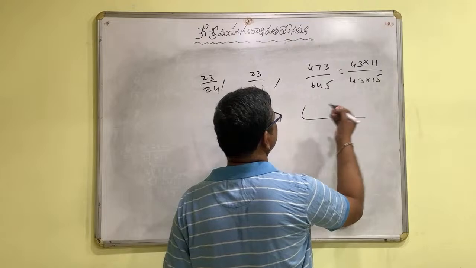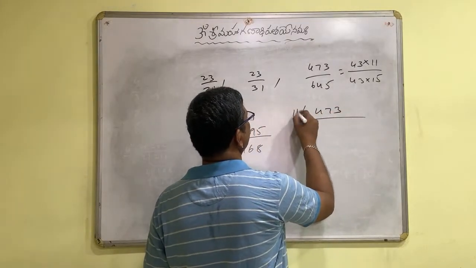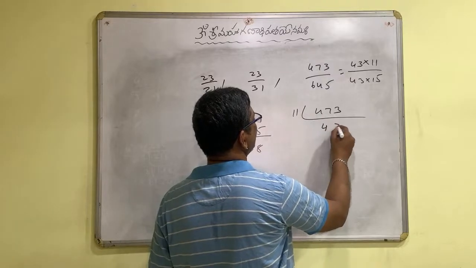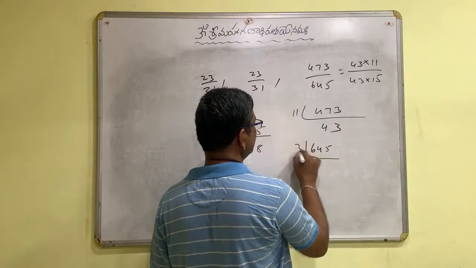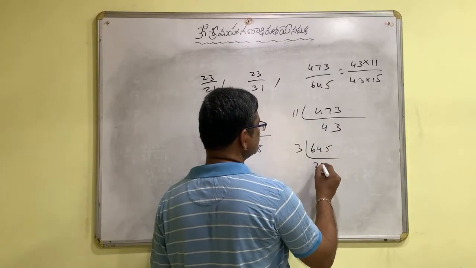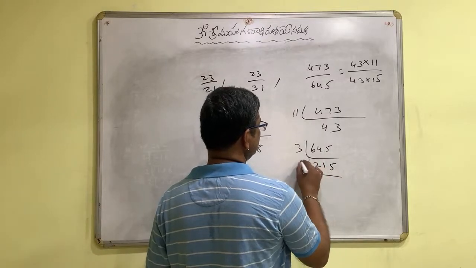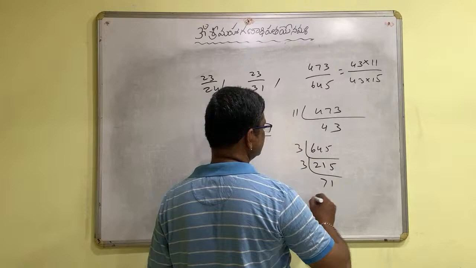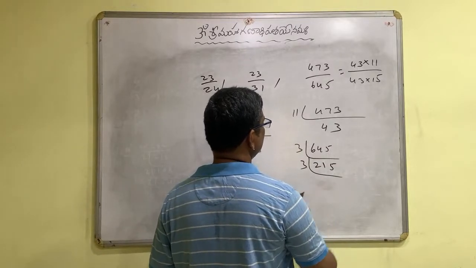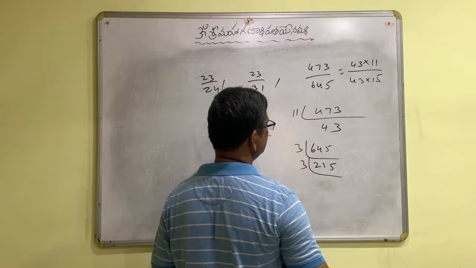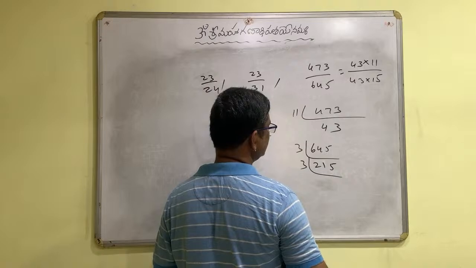So prime factorization, I think you have done it. 11 table, 11 4s are 44, 11 3s are 33, both are prime numbers, done. 645 goes with 3. 3 2s are 6, 3 1s are 3, 3 5s are 15, 3 7s are 21.